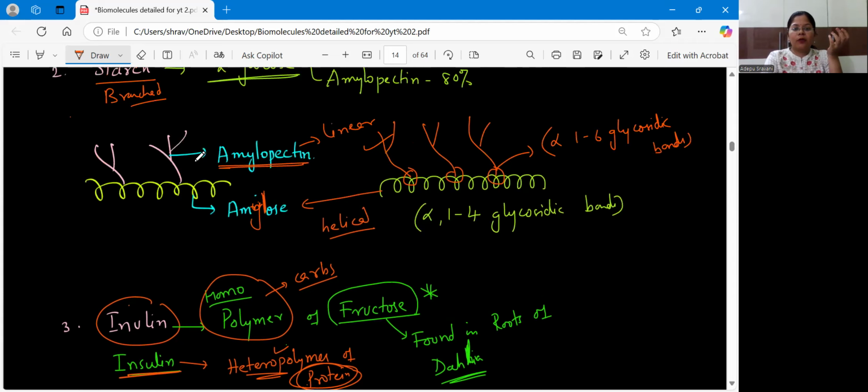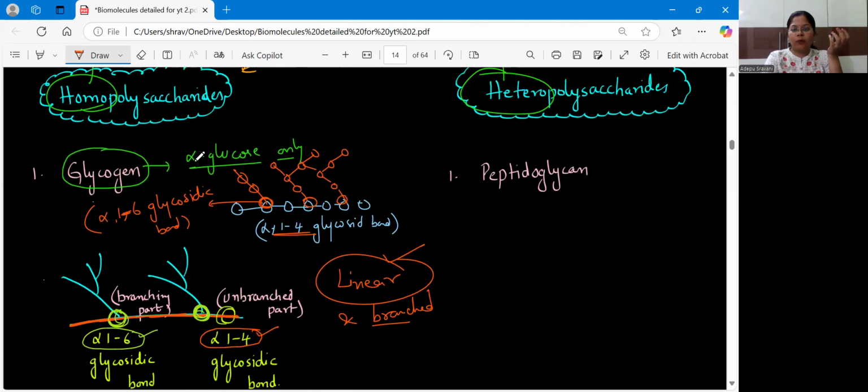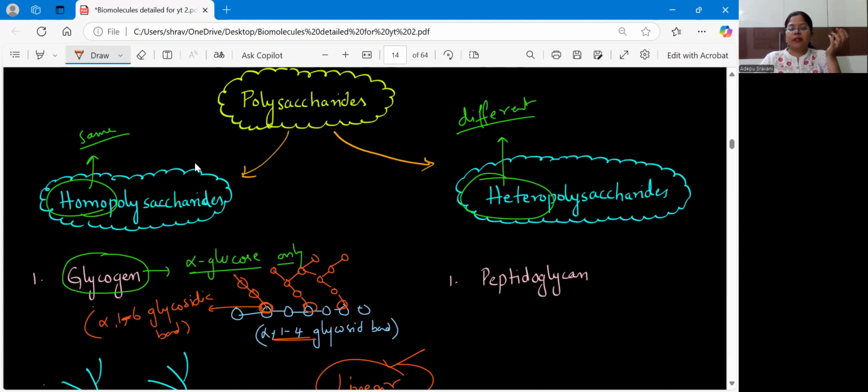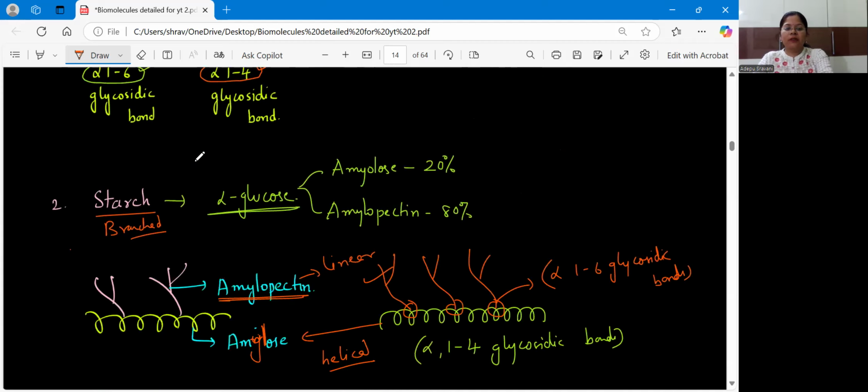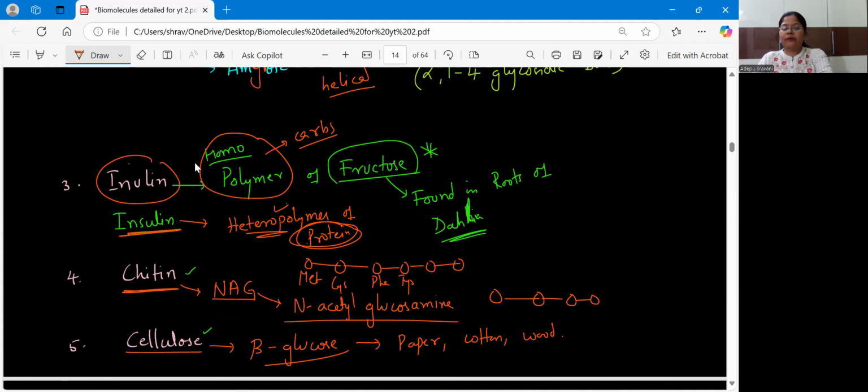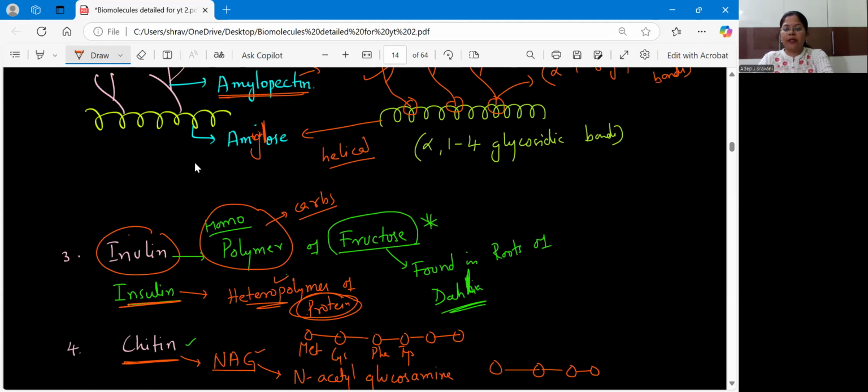Next one, if you talk about the heteropolysaccharide, an example is peptidoglycan. Peptidoglycan is found in the cell wall of bacteria, which we'll discuss later. Before that, the detailed structure is not necessary. You have to remember only the component. It is made up of NAG plus NAM. Now, what is NAG? Just now we mentioned it for chitin, N-acetyl glucosamine.